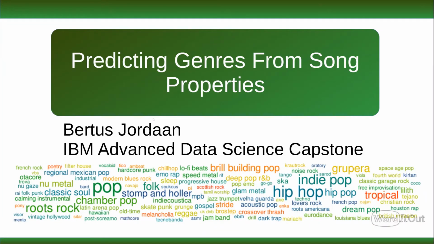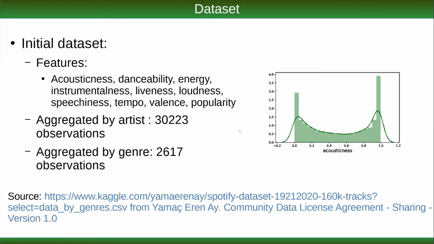So let's start with the data. The data is from kaggle.com and it's a data set of Spotify songs of over 160,000 tracks. The features are acousticness, danceability, energy, etc. Two tables are used.